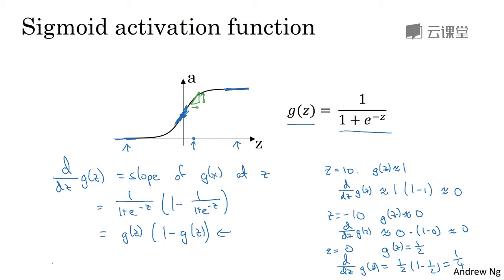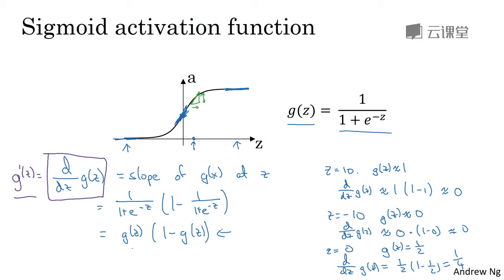Finally, just to introduce one more piece of notation, sometimes instead of writing this, the shorthand for the derivative is g prime of z. In calculus, the little dash on top is called prime. So g prime of z is a shorthand for the derivative of the function g with respect to the input variable z.